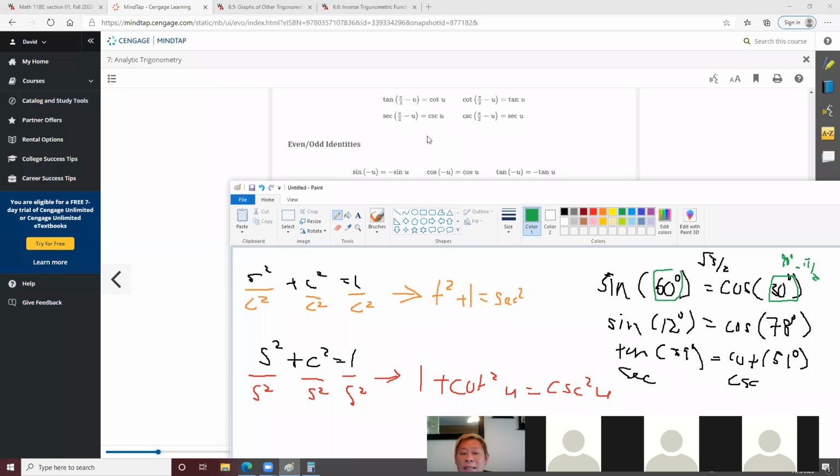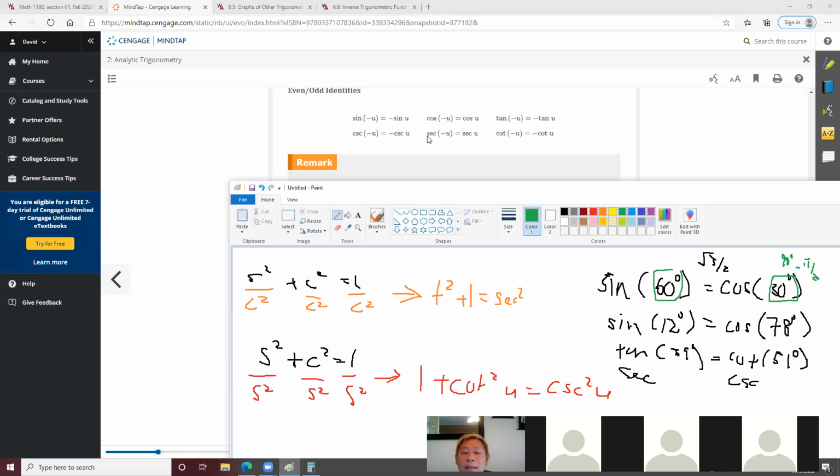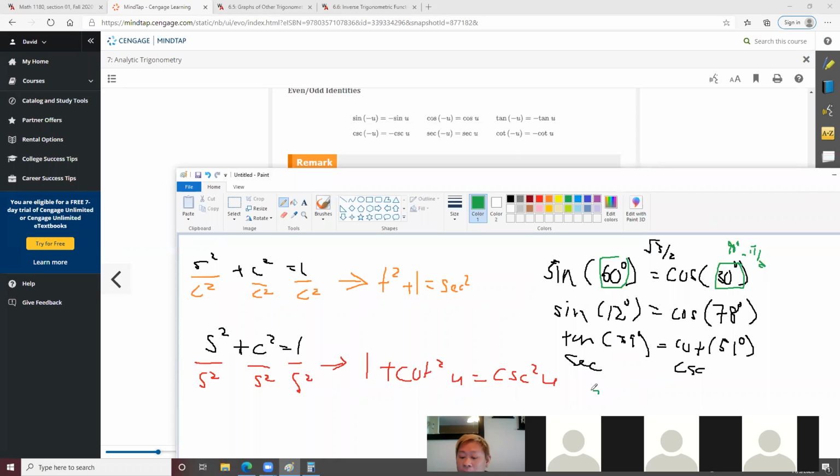And the last one is the even-odd identity. This even-odd identity is taking care of the negative value. So if you want to find sine of negative 60 degrees, we can use this even-odd identity. I just want to point out to you that sine, cosine, tangent, and cotangent are odd. What I mean by odd is if you have a negative angle, you can bring this negative out.